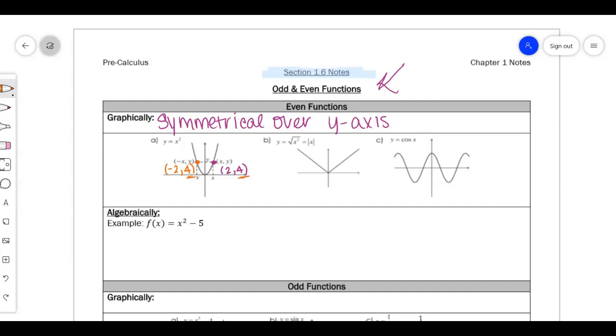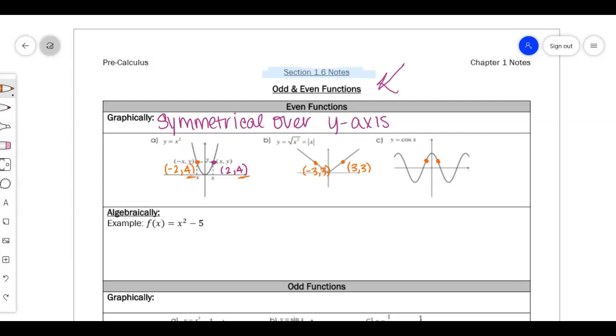Same thing with absolute value. If I were to plug in 3, I would get out 3. If I were to plug in -3, I will still get out 3. Now cosine is kind of previewing before we get into trigonometry, but we'll notice that cosine is an even function as well. I won't get into specific points there, we'll save that for later, but again it has that symmetry.